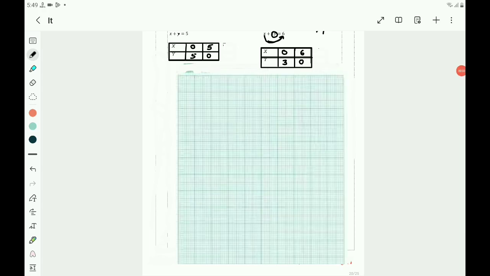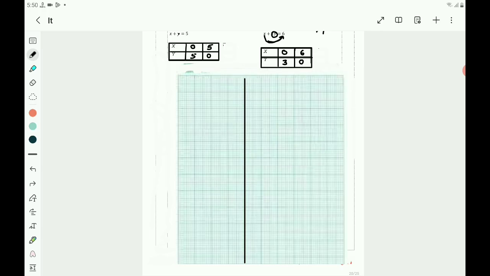So draw the y-axis not in the middle. Take this part more, this part less, because the x value is 6. So you can't divide into two equal parts by drawing the y-axis.